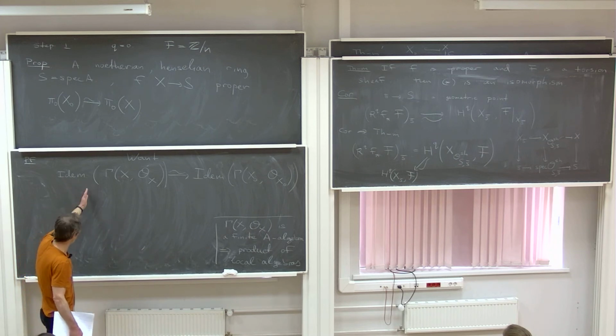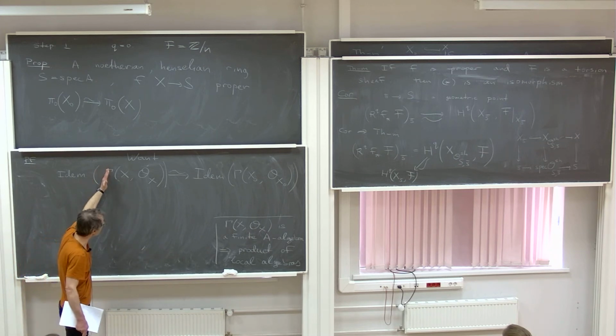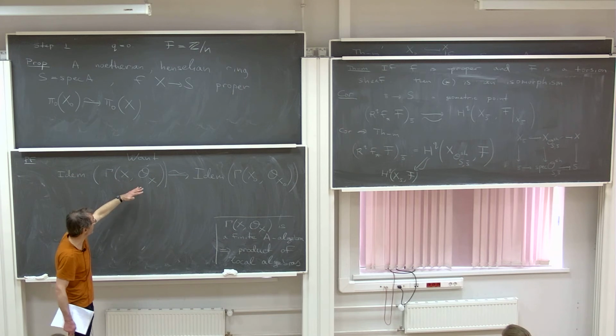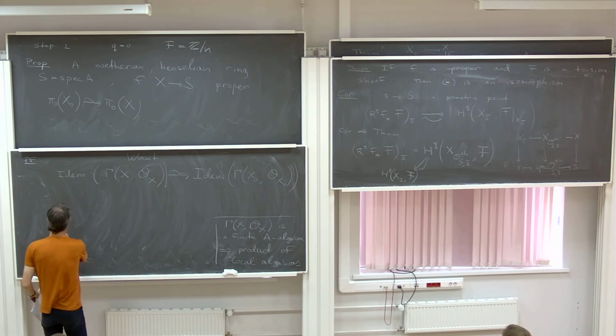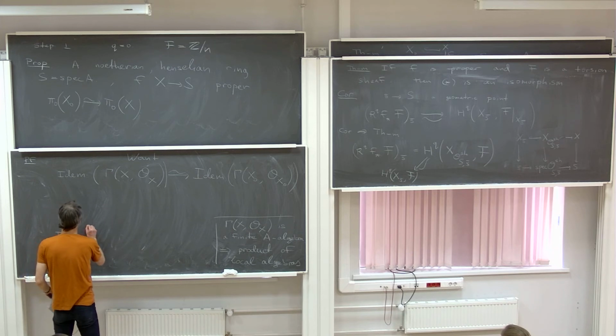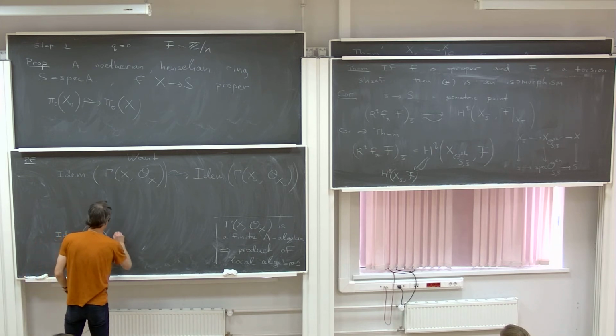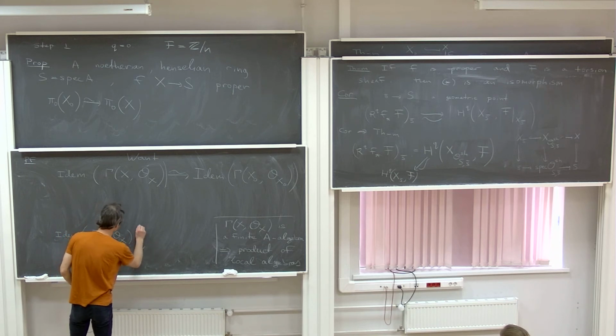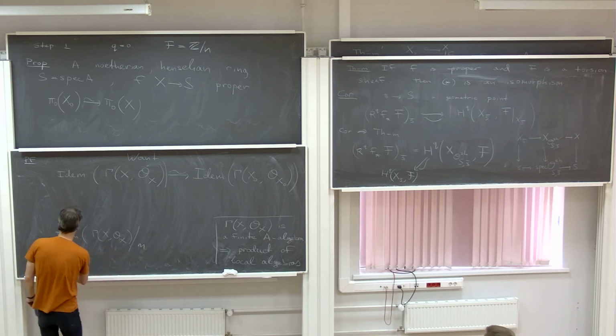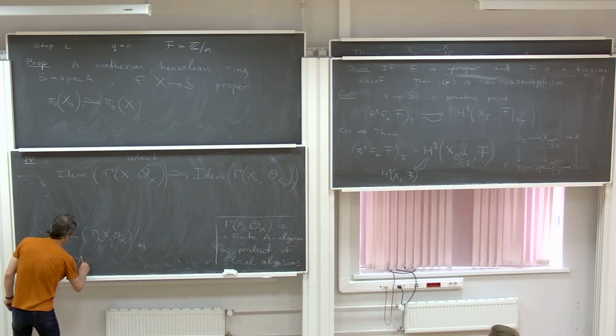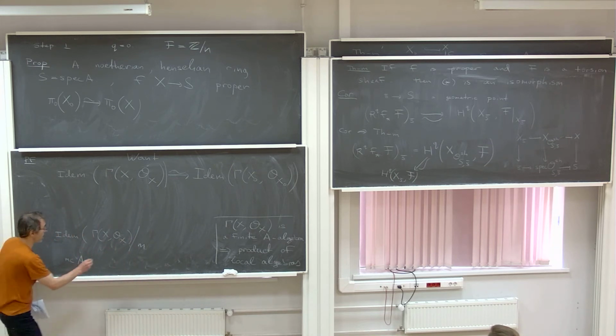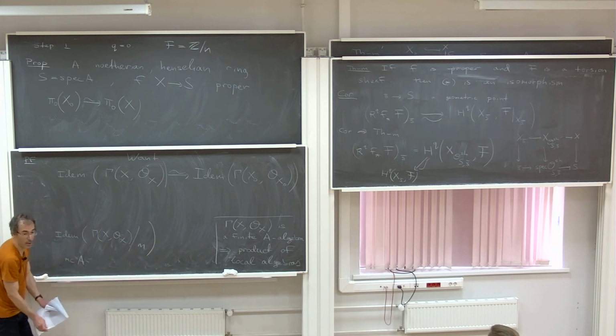And therefore idempotents here are the same as idempotents of Γ(X, O_X) modulo the maximal ideal. Here M is the maximal ideal in A. Right?